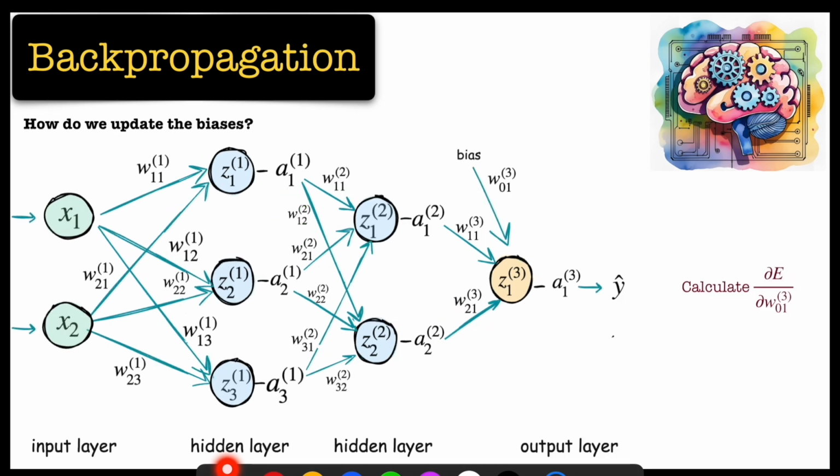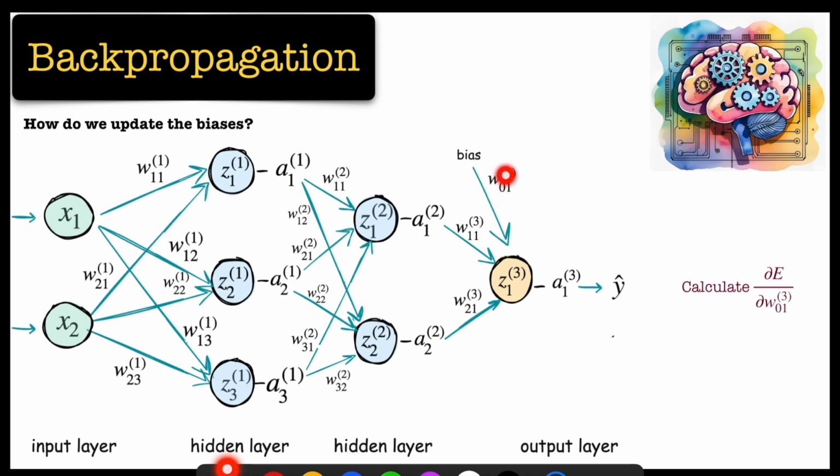Next, how do we update the biases? I have not talked much about the bias, so consider this a note. Z13 is a weighted combination of the nodes in the previous layer. Let's say we have this bias also here, W013. How do we calculate del E del W013?